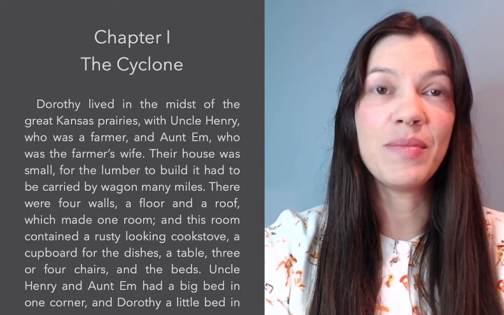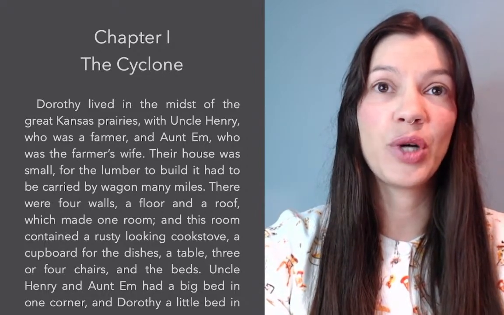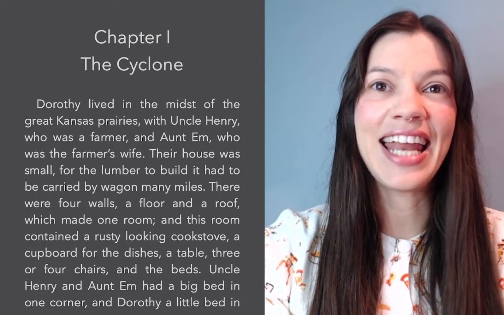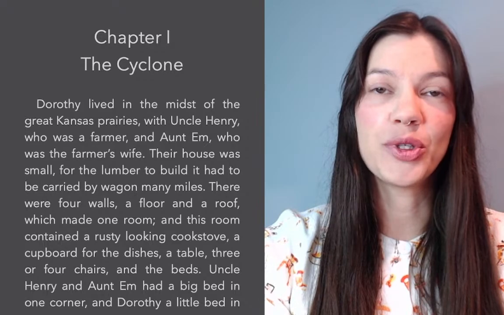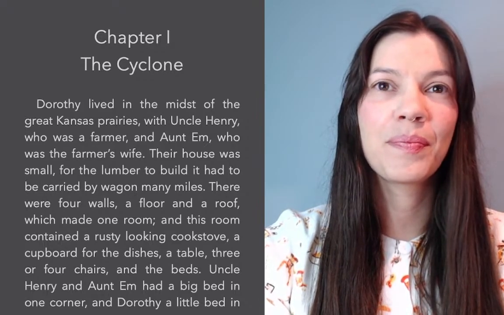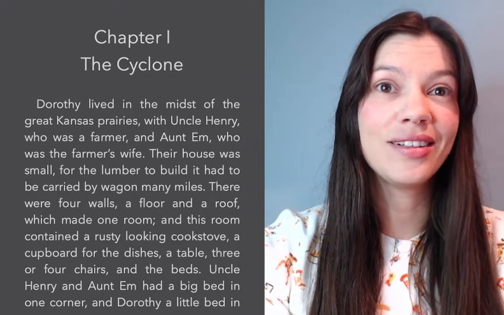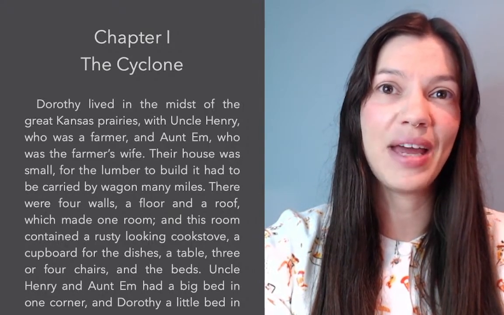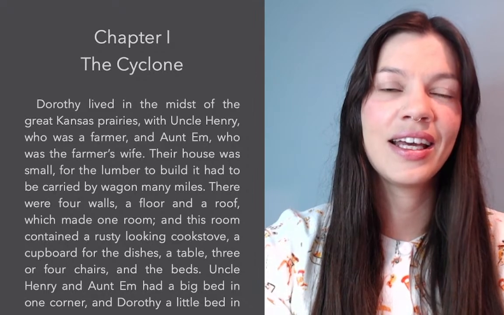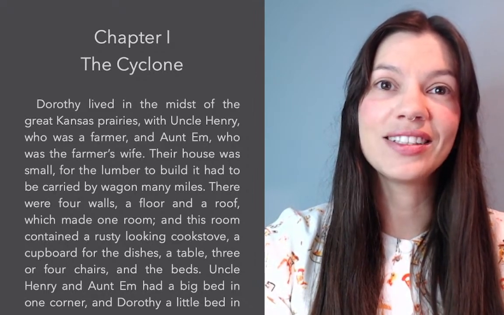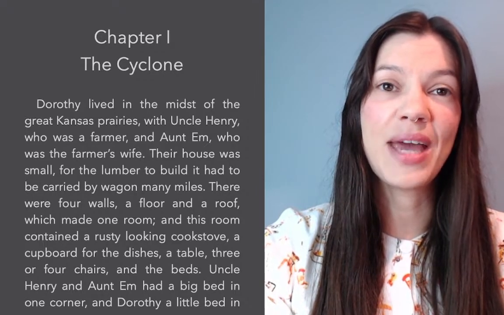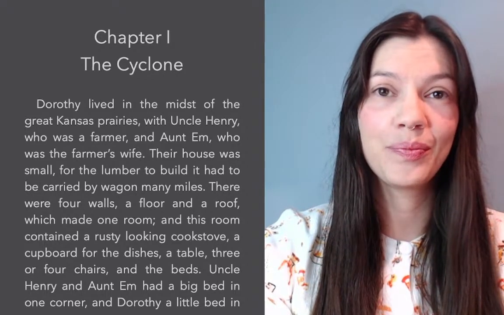Dorothy lived in the midst of the great Kansas prairies with Uncle Henry, who was a farmer, and Aunt Em, who was the farmer's wife. Their house was small, for the lumber to build it had to be carried by wagon many miles. There were 4 walls, a floor, and a roof, which made one room.